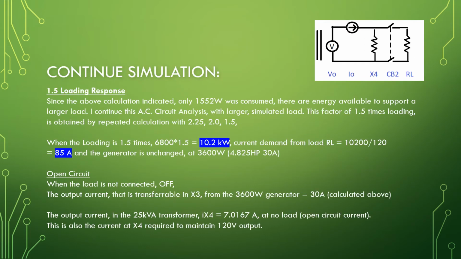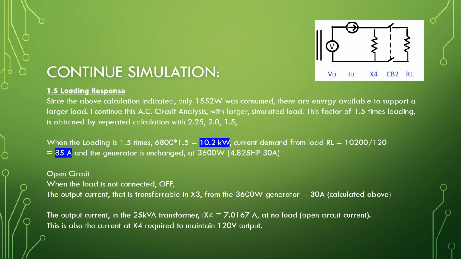Continue simulation. 1.5 loading response. Since the above calculation indicated only 1,552 watt was consumed, there is energy available to support a larger load. I continue this AC circuit analysis with a larger simulated load.